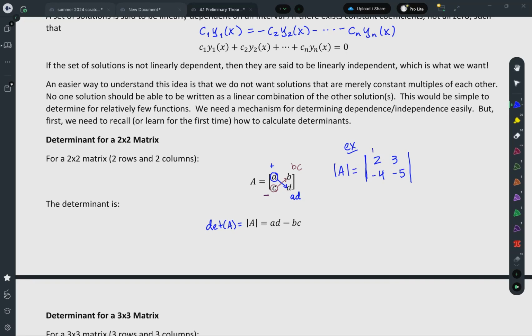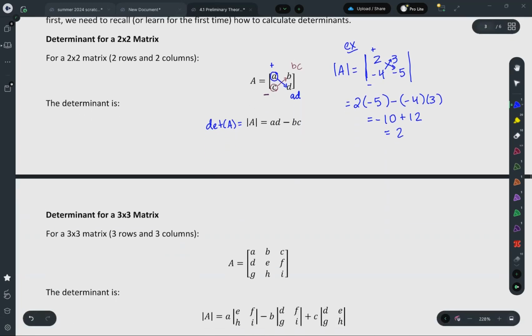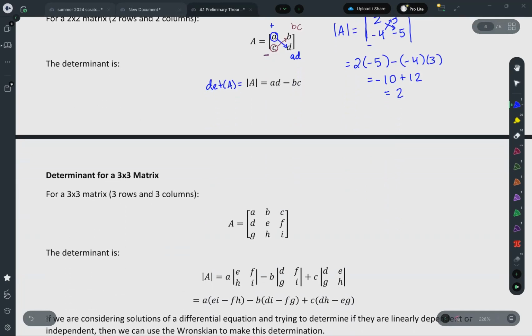So I need a positive diagonal product minus a diagonal product. So I've got 2 times -5 minus -4 times 3, which is -10 plus 12, which is +2. Not too hard.